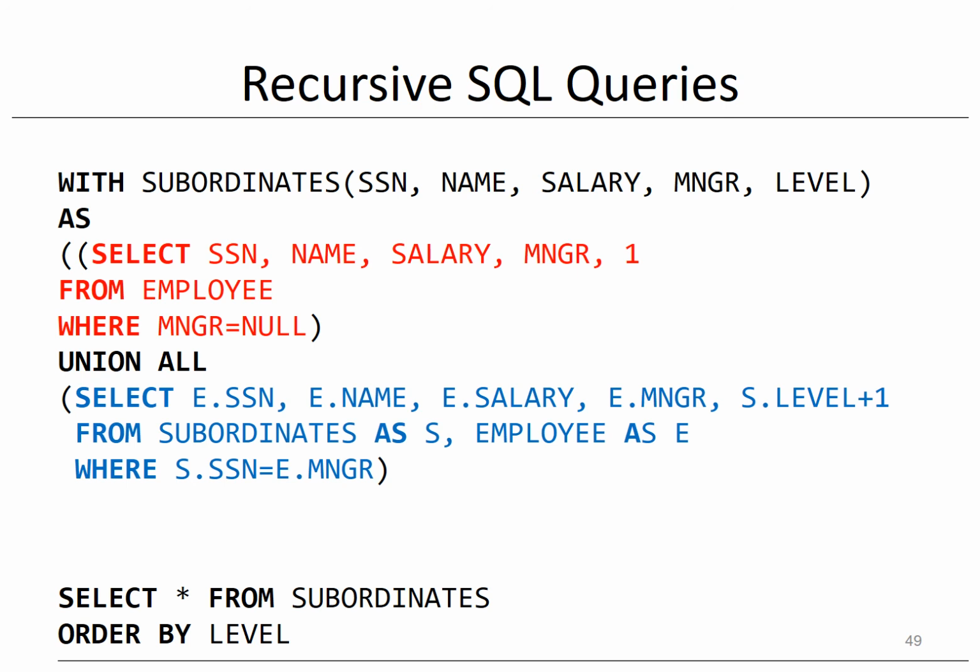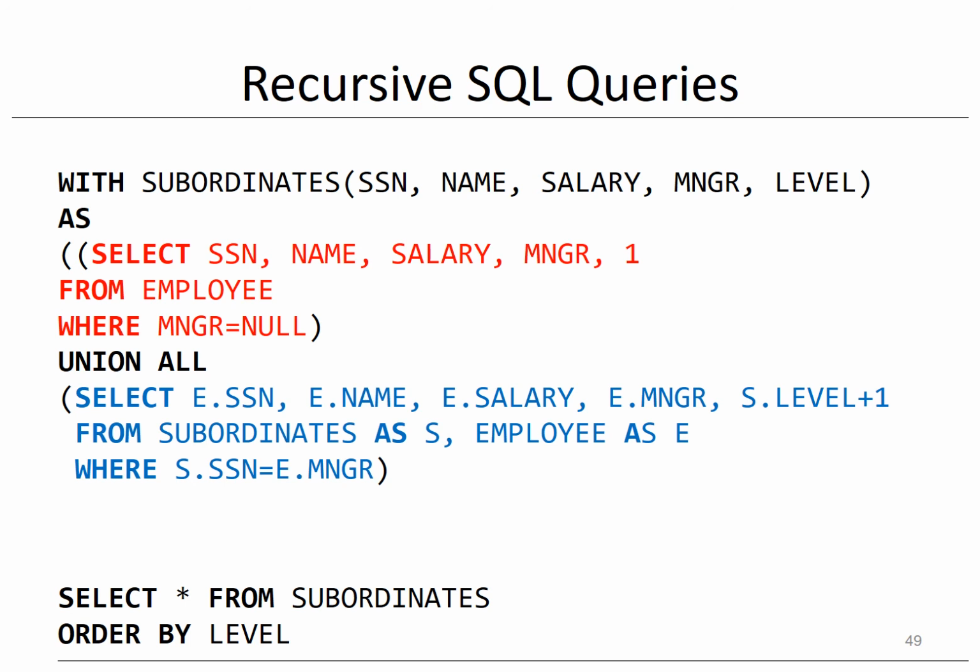The base or anchor query that contains the seed of our recursive query is the first part. It is highlighted in red. This query will select the CEO as the starting point for the recursion, which is Jones in our case. Obviously, other employees could be selected as starting points as well.